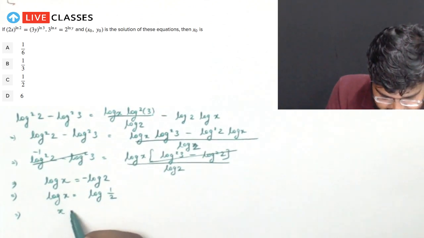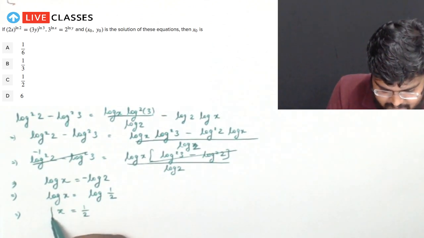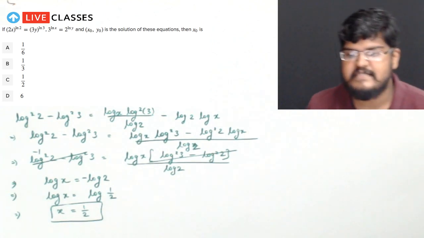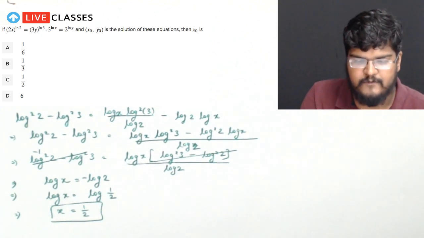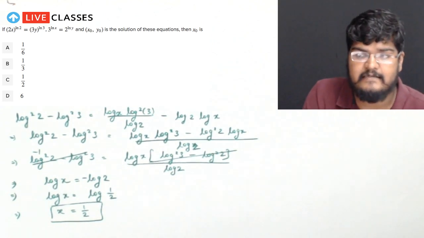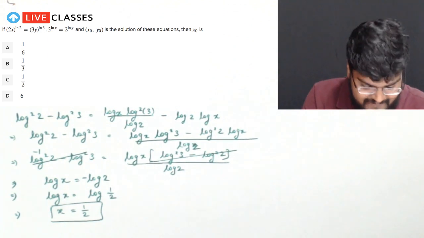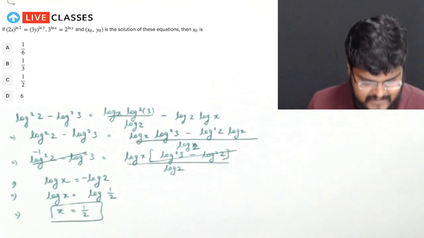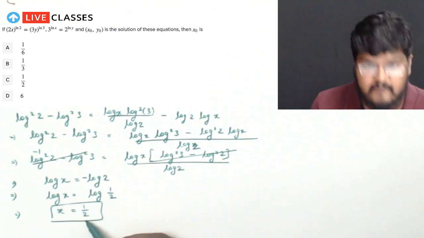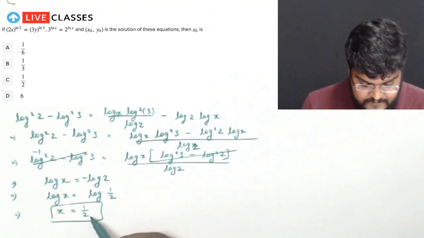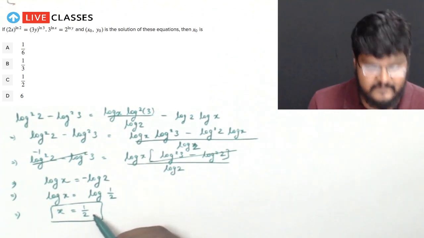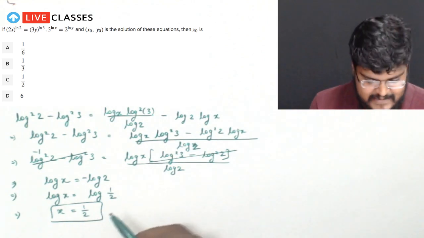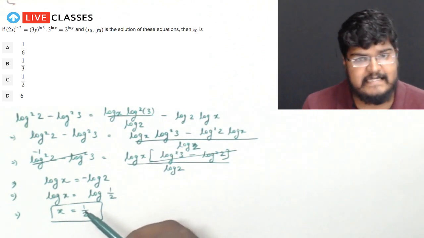And you can simplify it further to get the value of x, which is x is equal to 1 by 2. So the value of x that will satisfy our logarithmic equation is x is equal to 1 by 2. Correct guys? So this is where our solution ends, and you can see that option C is the correct answer.